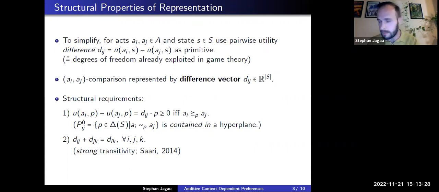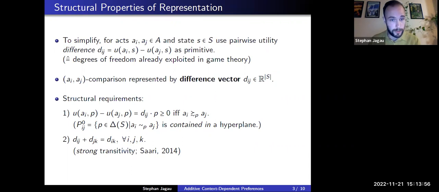And I call this strong transitivity because, as we're going to see, we need transitivity to get this, but it's not going to be quite enough. It's a little more than transitivity if you think about it, because you're also adding up these numerical intensities, if you will. So it's a little bit more similar to measuring distances on a line where all of those distances have to be additive.